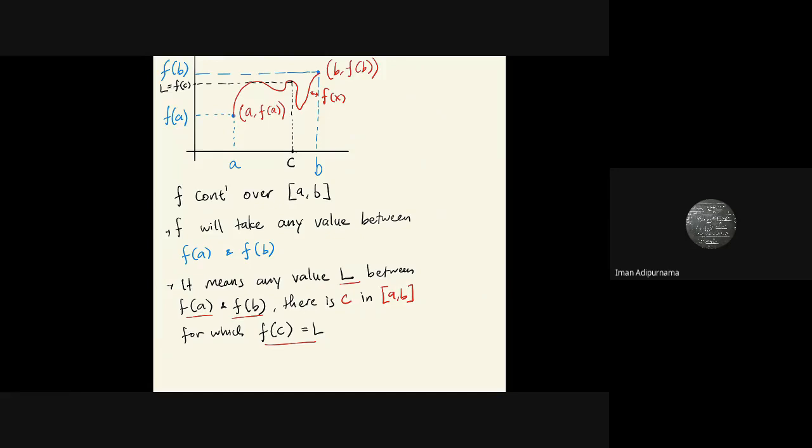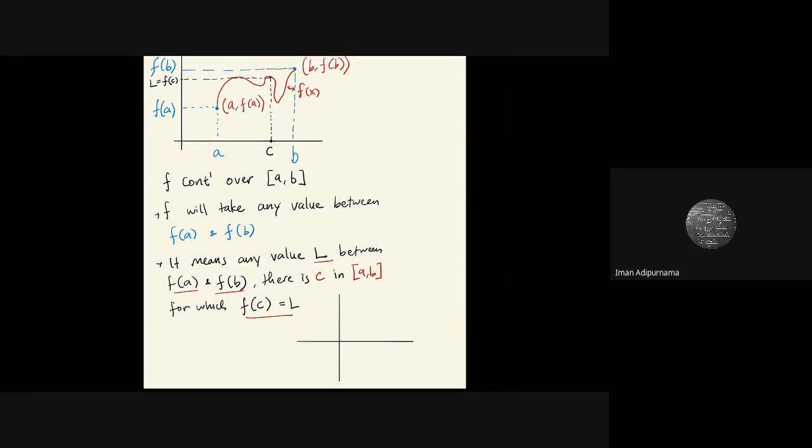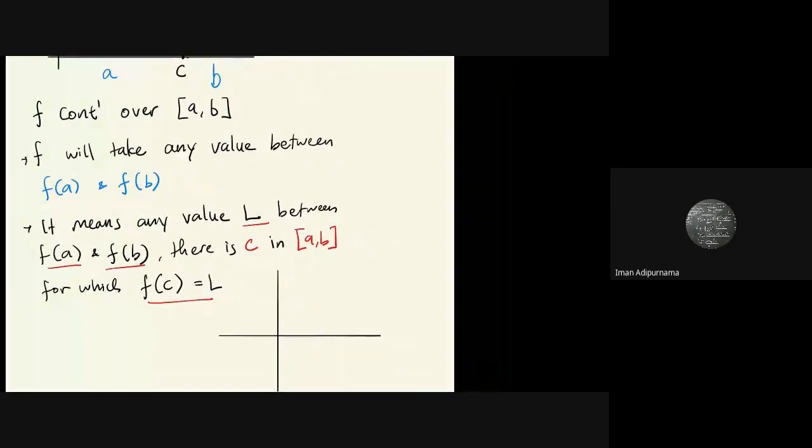That root makes the function zero. So you can also utilize the same method. For example, if I draw this graph, this is your A here, and this is your B. This is the interval here, A and B.